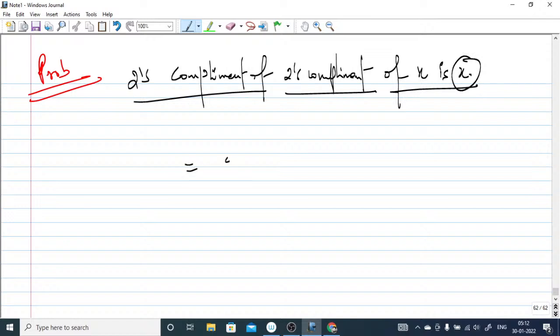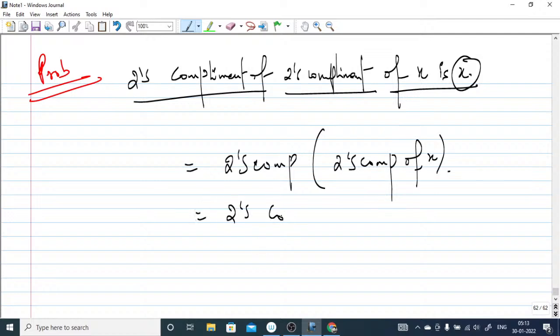Let us see. You have to take the 2's complement of x. The 2's complement has already been taken, that is 2 raised to the power n minus x.